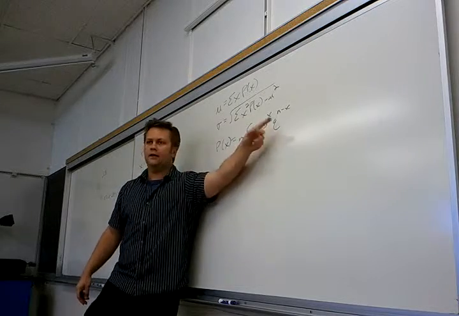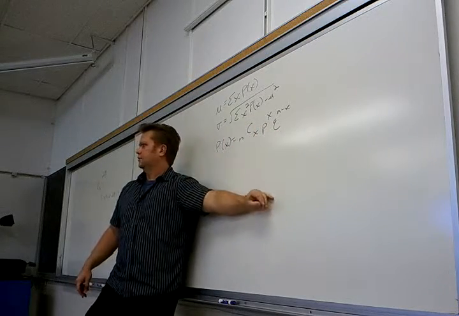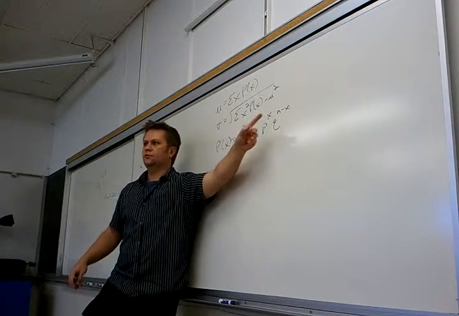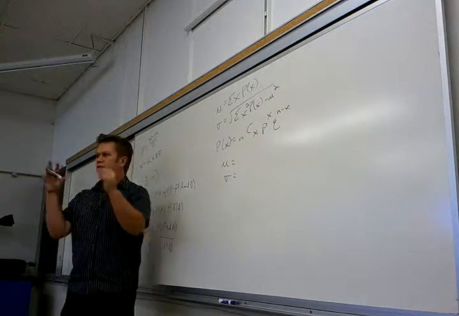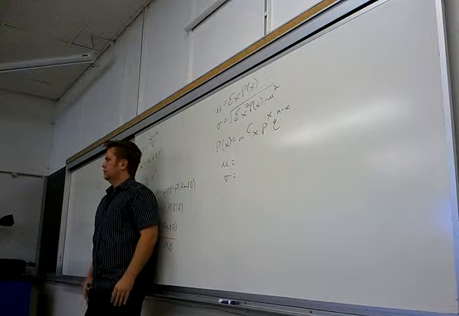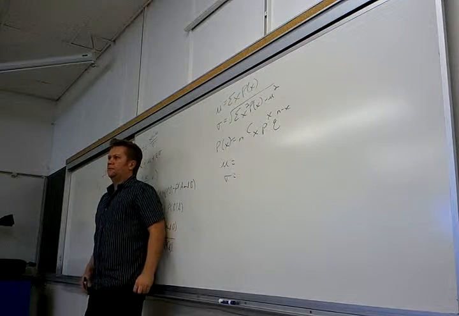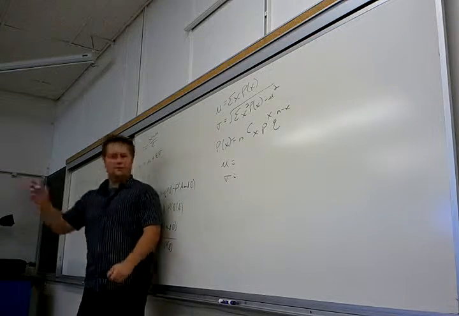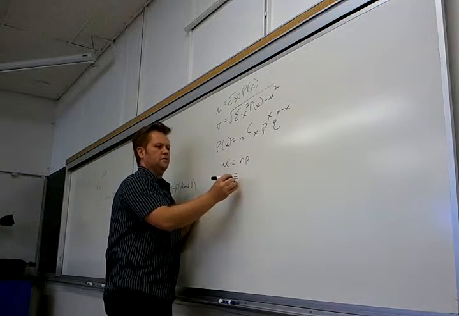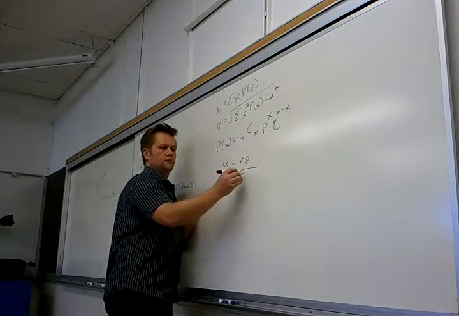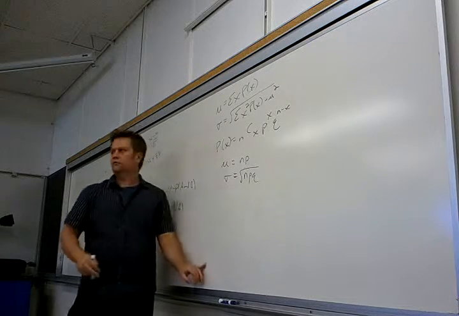Right? Left-handed, not left-handed. Sneezing, not sneezing. Cool. What about the mean and the standard deviation for a binomial? Those are the coolest formulas ever. Mean is NP. What's the standard deviation? Square root of NPQ.